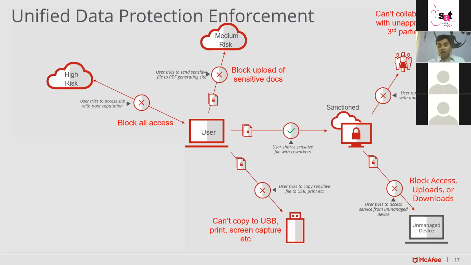On the endpoint, if it is a managed device and there's a sensitive document, and I try to take it via local means within the laptop, like a USB, print screen or screen capture, the host DLP module is going to take care of that. It will prevent those scenarios.